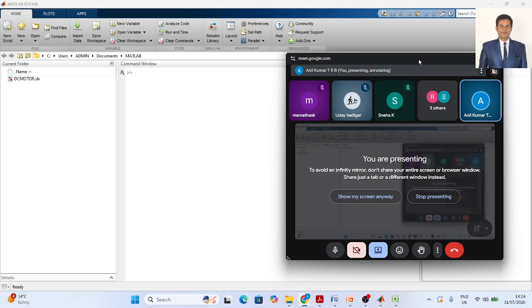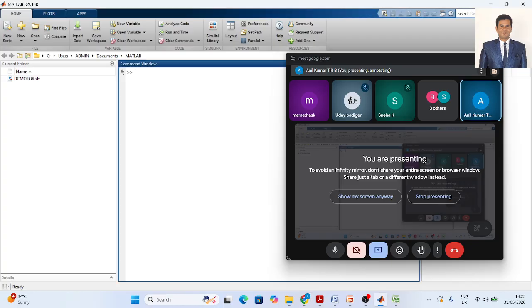Uday, Sneha, yes, sir. Don't you have MATLAB software? Yes sir, we use it online. Open it online, please try to open the MATLAB. Mamta, do you have the MATLAB, no? Yes, sir. Okay, open MATLAB. Sneha, yes, sir, it is there. Rashmi, yes, sir.